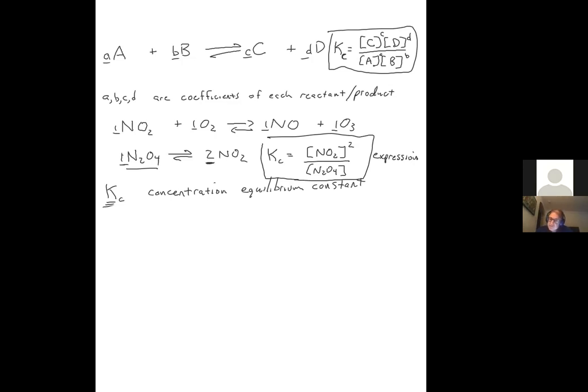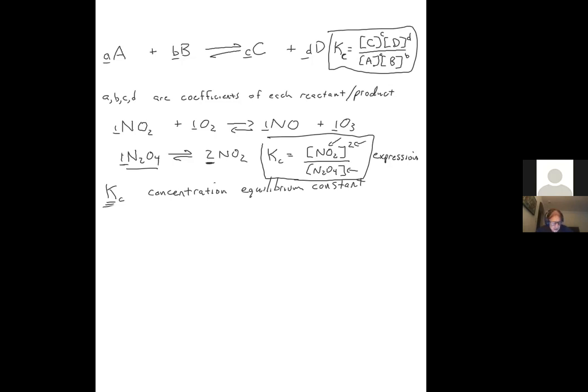But what it says here is that given enough time, this reaction will come to equilibrium. And when it does, the concentration of NO2 to the second power, so squared, divided by the concentration of N2O4 to the first power, will be some numerical value that is a constant.